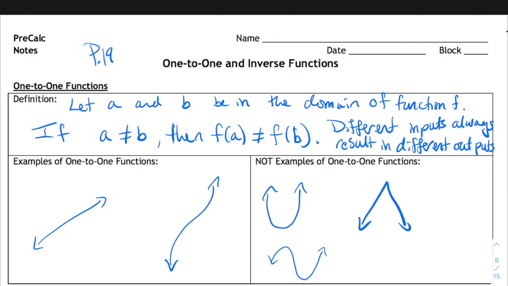So different inputs always result in different outputs. Let's think about this. These are two different inputs, right? But their outputs are exactly the same. So we're dealing with all things that are functions. We want to determine, is it one-to-one or not? So definitely keep this in your head here. Different inputs always result in different outputs.